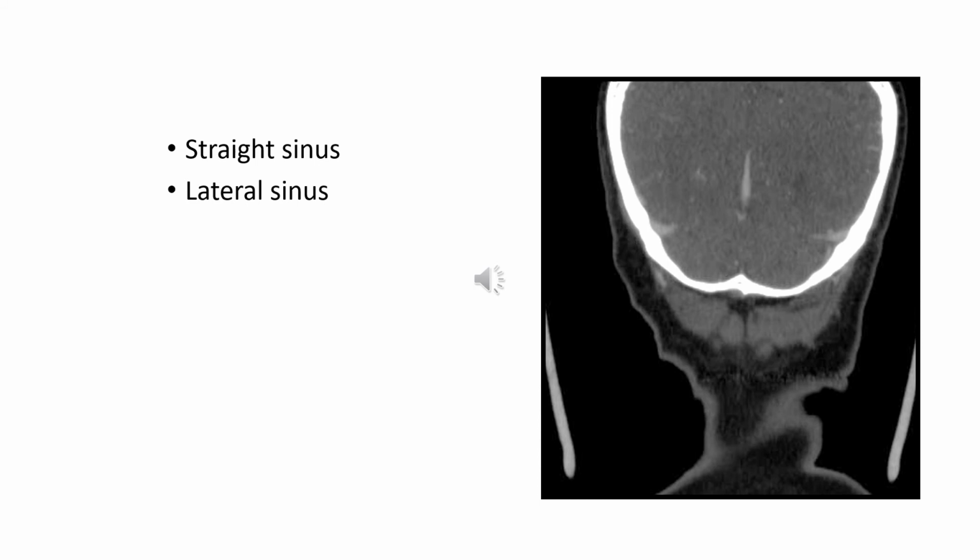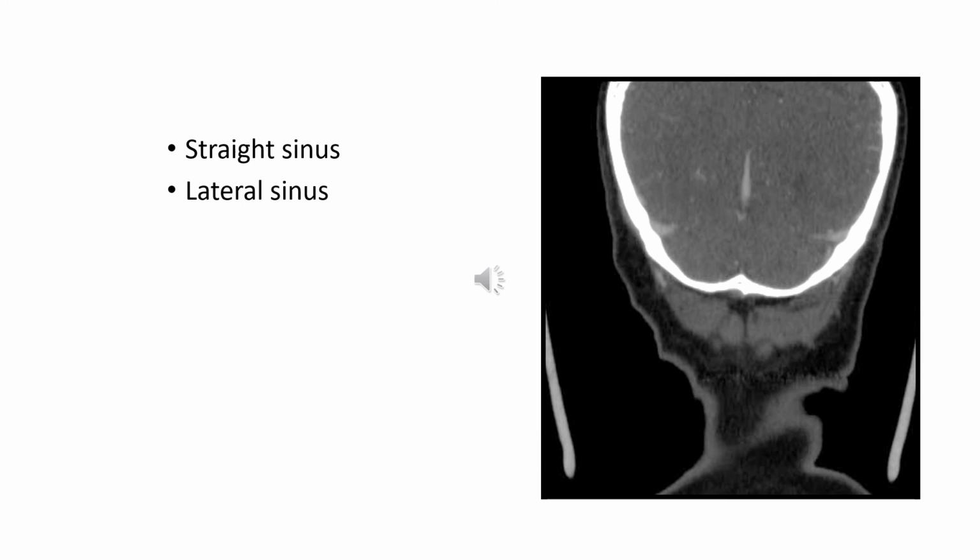In the last few slides of this talk, we're going to have a look at some coronal images, looking at some of the relations of the sinuses and venous sinuses that we've seen on previous imaging. So on this image we can see that the red arrow shows the straight sinus.